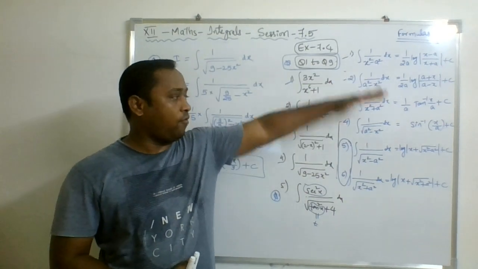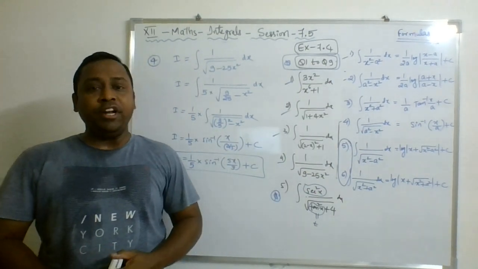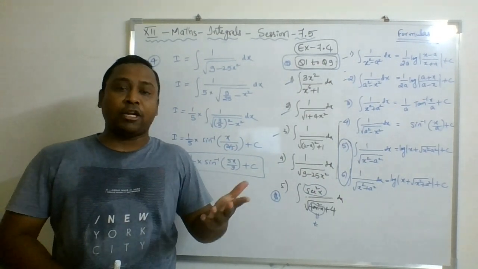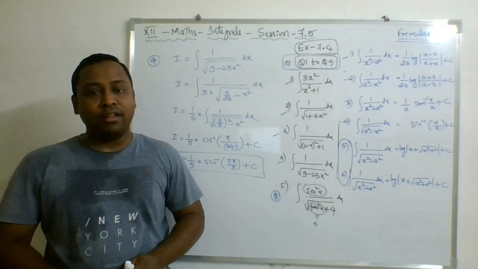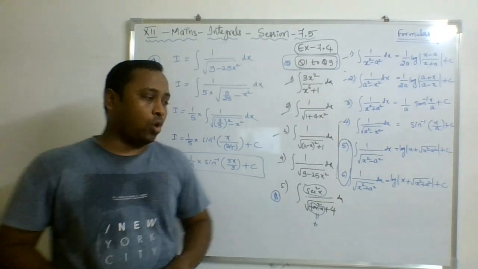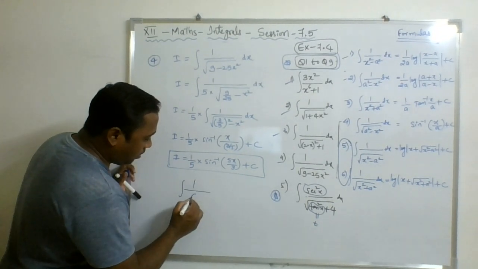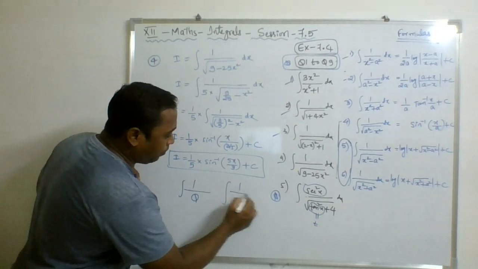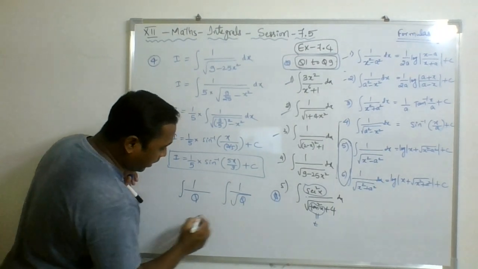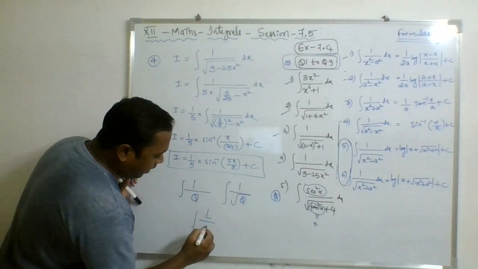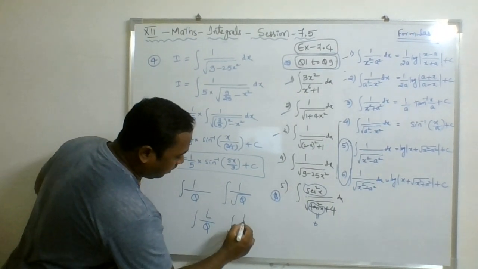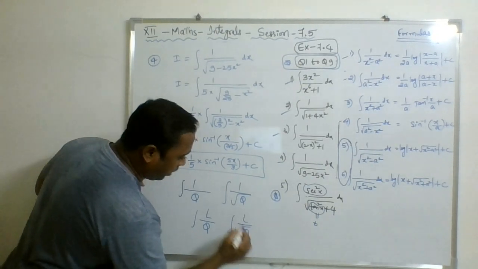Based on these formulas, we are going to introduce some patterns of questions where you will learn how to solve them, like 1 upon quadratic, 1 upon under root quadratic, linear upon quadratic, linear upon under root quadratic.